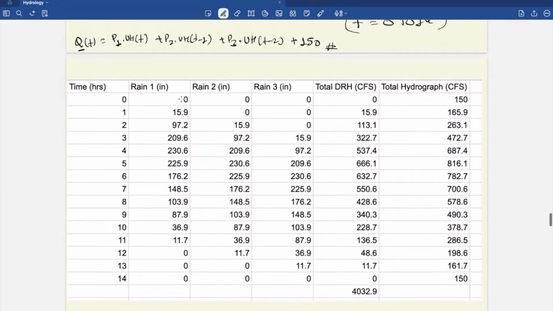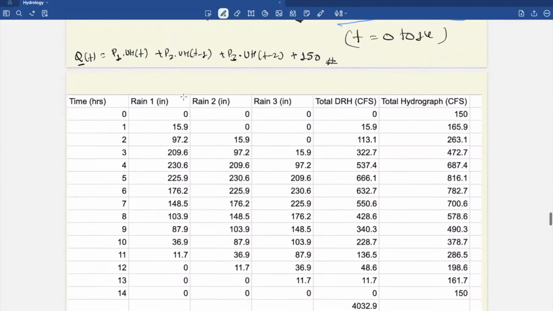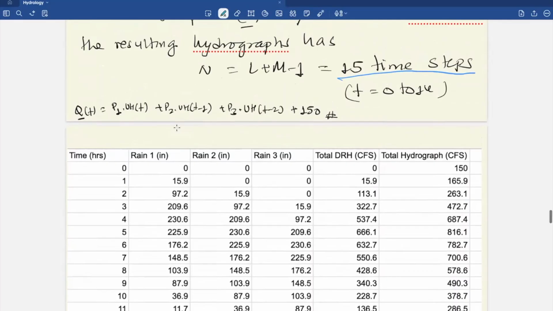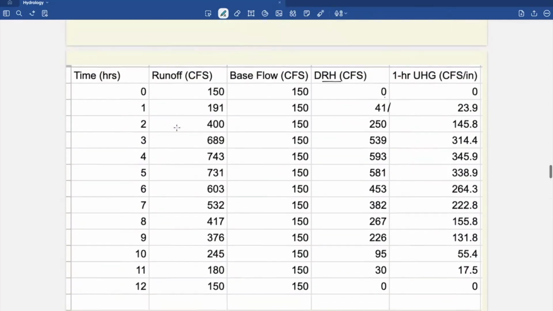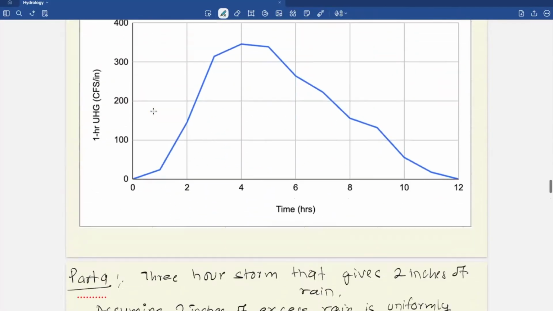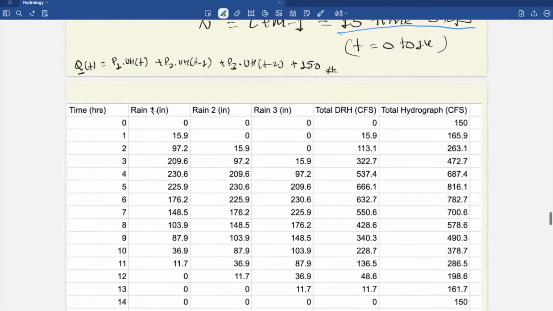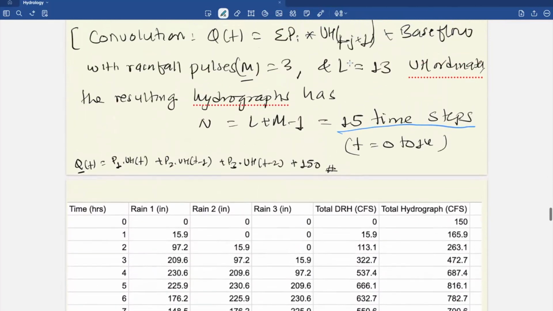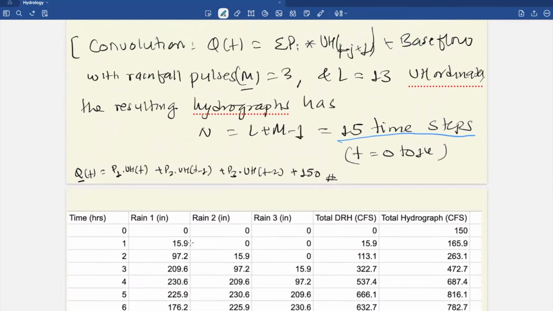And rain one, it's 0, same thing, we don't need to do anything. So here we already have the unit hydrograph. Here we have 23.9 in time step 1. So we will multiply that with this 0.667. So we got that. And same thing here.